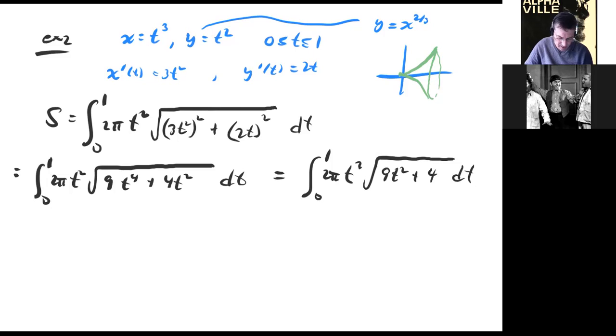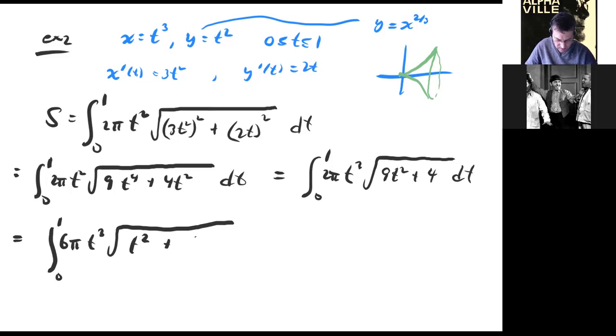Now, just for my own simplification, I want to bring that 9 through the square root. So that's going to be an integral from 0 to 1 of 6 pi. So I brought the 9 out at the expense of, square root of 9 is 3, t cubed, the square root of t squared plus 4/9.